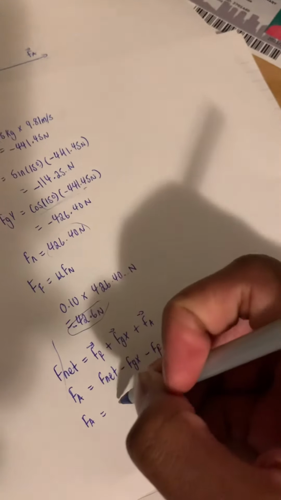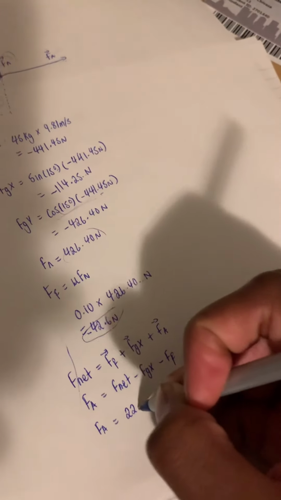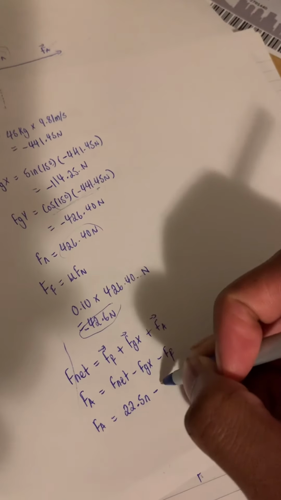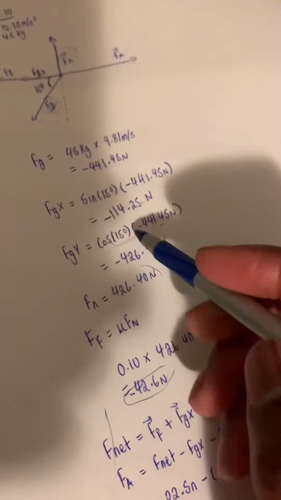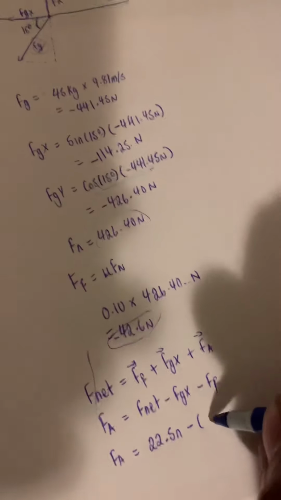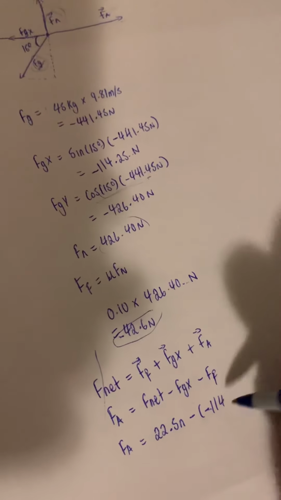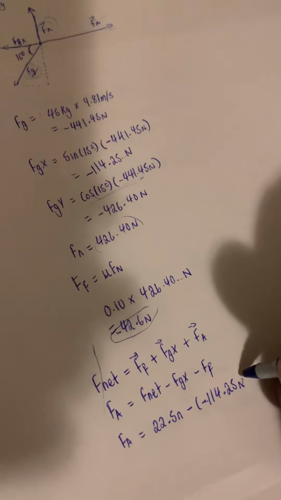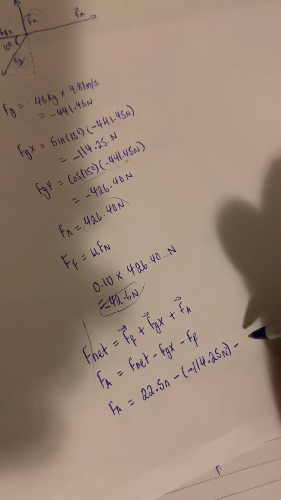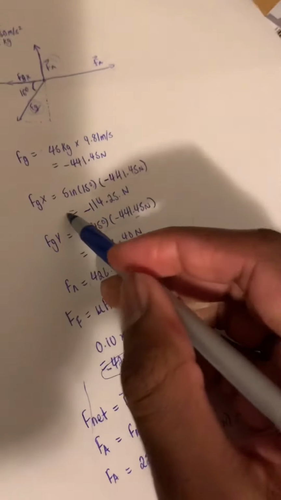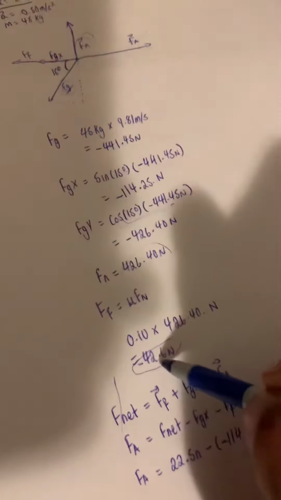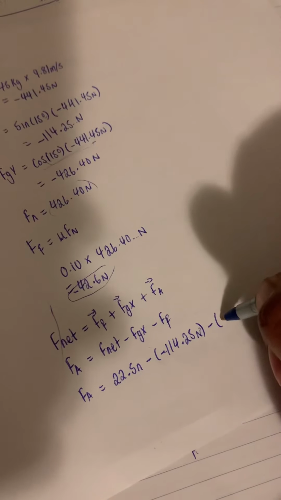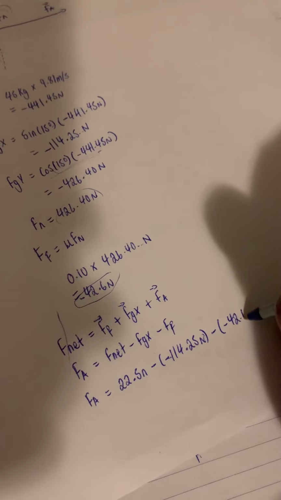So net force is 22.5 newtons, minus, we calculated our Fgx right here, so it's negative 114.25 newtons, minus, what is our frictional force? We calculated right here, that's negative 42.6 newtons.